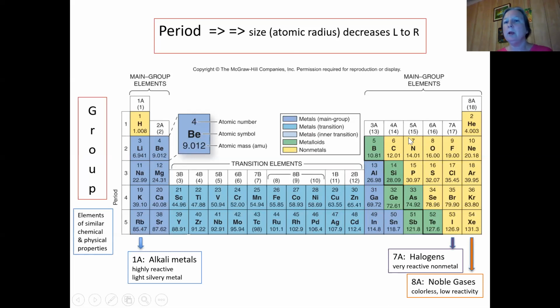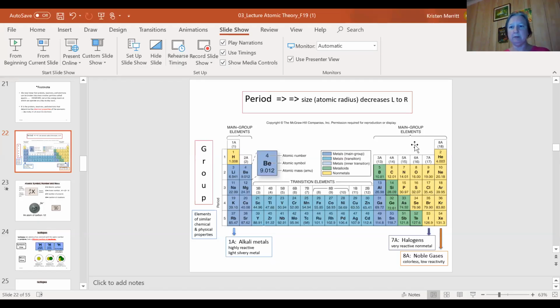So in an element, just as it is on the periodic table, it's balanced, right? So it has the same number of electrons as protons. So nitrogen has 7 protons, it has 7 electrons. That can change, and when it changes, we call it an ion, but as an element, sitting there, nothing has been done with it, it has the same number of electrons as protons.